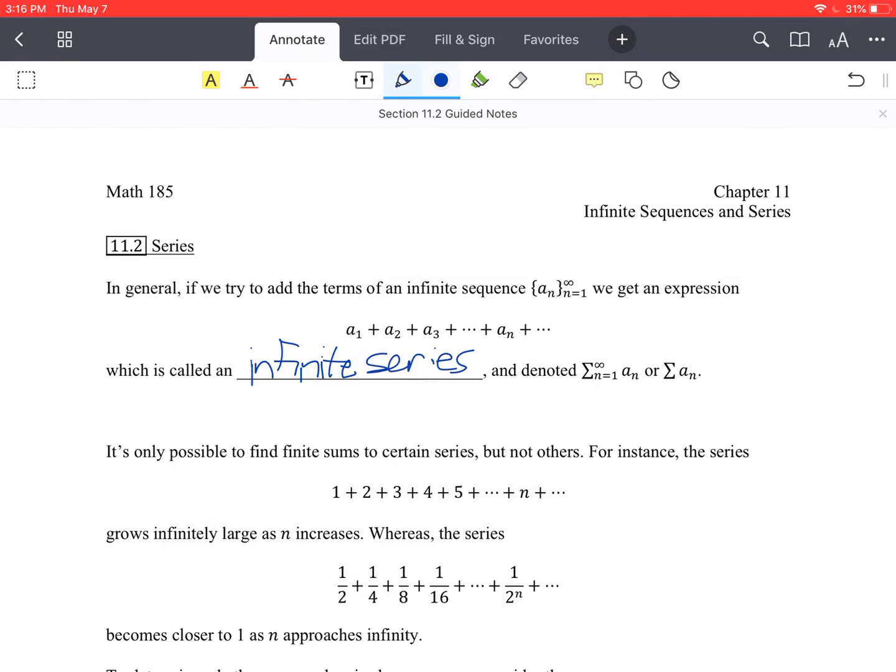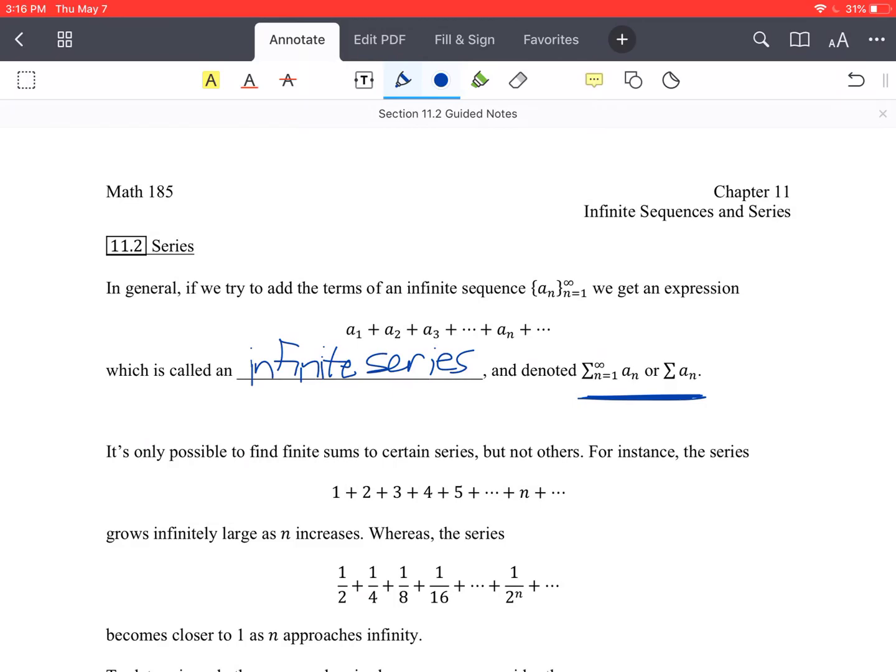Or we'll just call it a series as well, because in this class, again, we're only dealing with infinite series. And this is denoted as the sum of a sub n, either with the notation of n going from 1 to infinity or not, just the shorthand, the summation notation there.